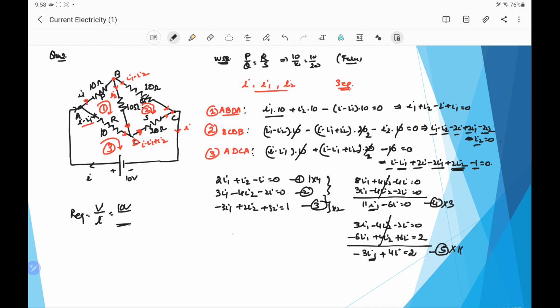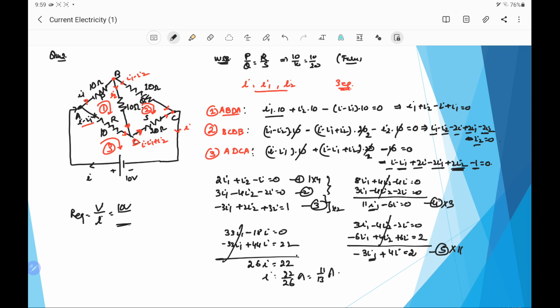So we get equation number 4 as 33I1 minus 18I equal to 0, and equation 5 becomes minus 33I1 plus 44I equal to 22. And now adding these two, I1 will get cancelled, and it will be simply 26I equal to 22, or I equal to 22 by 26 ampere, or we can say 11 by 13 ampere.